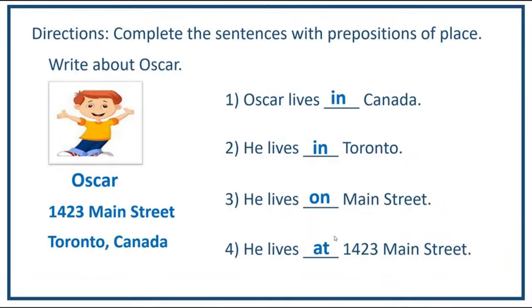So we have to use at 1423 Main Street. And please try to remember, without the street address, we use on. If it is only the name of the street, Main Street, we use on. If it is a street address, we use at.